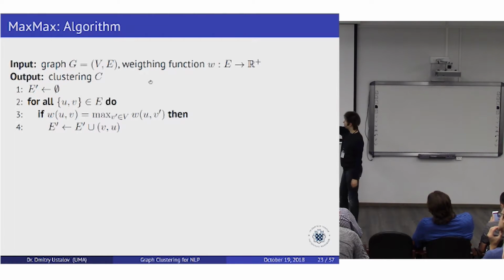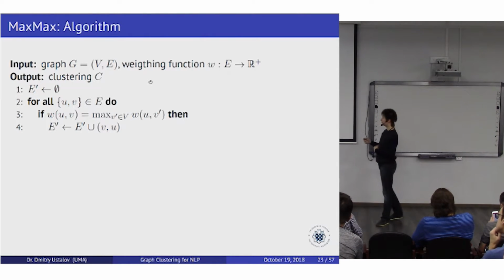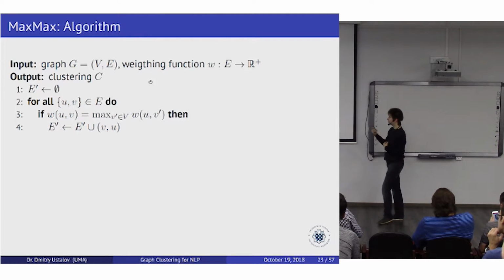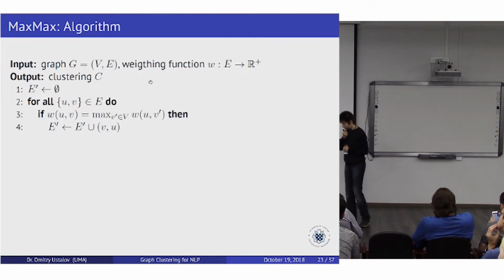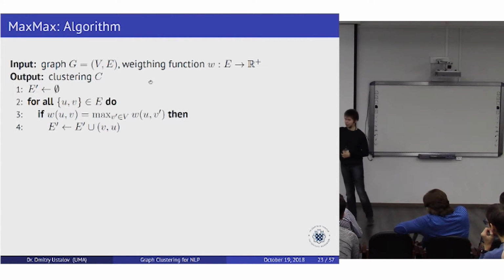First, this graph G prime that we will construct has the same set of vertices as the original graph, V, and it defines an asymmetric relation over V. It's called E prime.